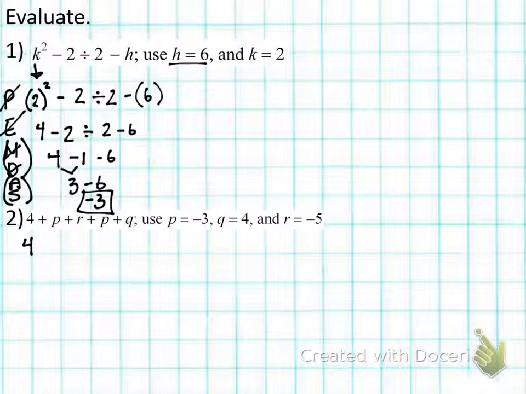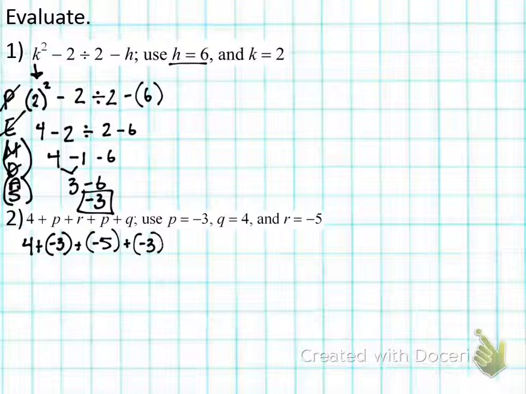So we have 4 plus a negative 3 in its own parentheses. Did you see how I put negative 3 in its own parentheses right there? So it's 4 plus negative 3 plus r. R is supposed to be negative 5. Plus p again, plus another negative 3. Okay, plus q, which is a 4.